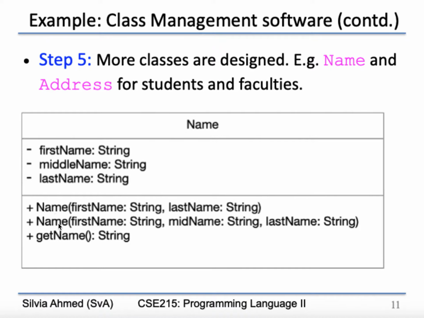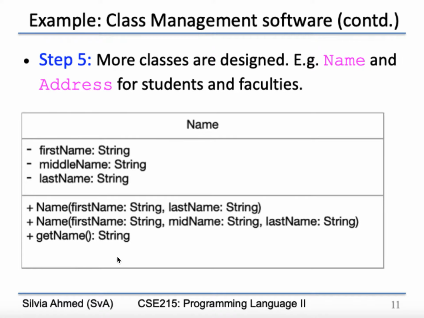So I have two constructors. One is called name, using just two inputs, first name and last name. Another one, the same name, but it has three inputs, first name, middle name and last name.